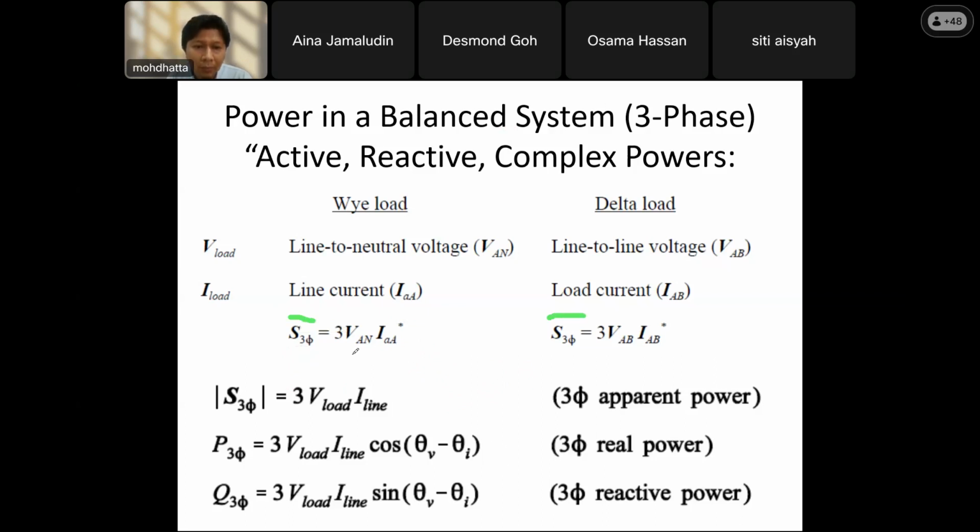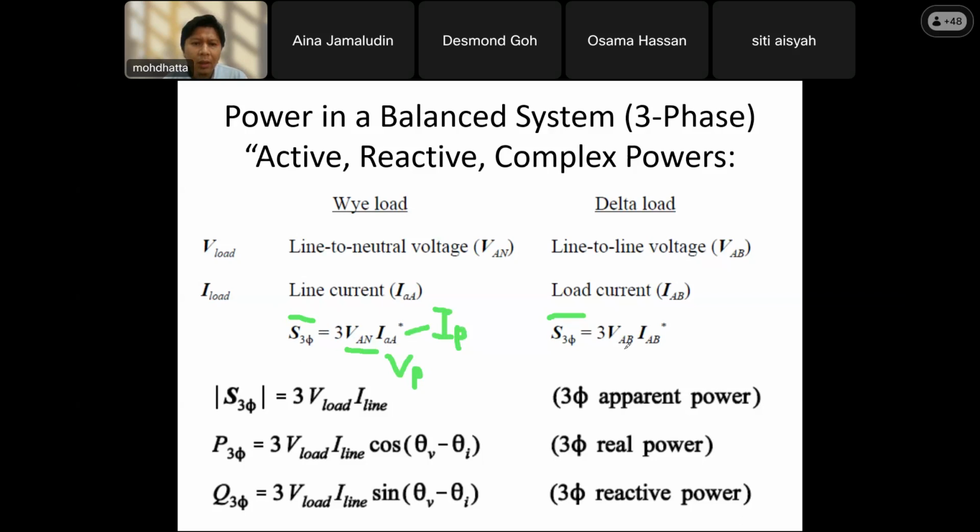So, looking at what we have over here for Y load, or star connection load, we are using V_AN, which is basically V phase. And for the current, this is basically the phase current that we are using for calculating complex power.